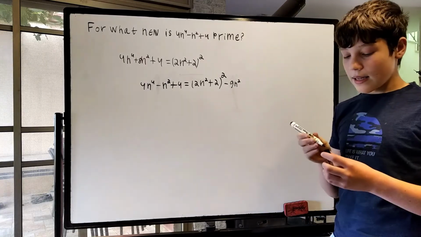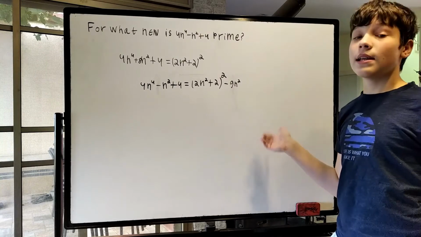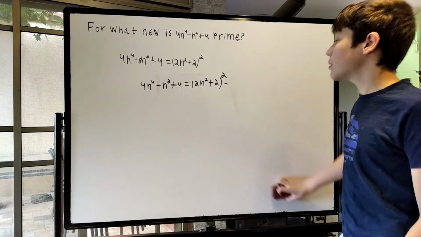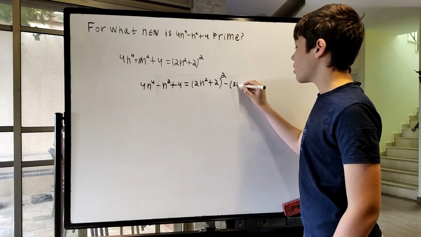And as it turns out, you can easily see that 9n squared is itself a square number. This is actually 3n all squared.